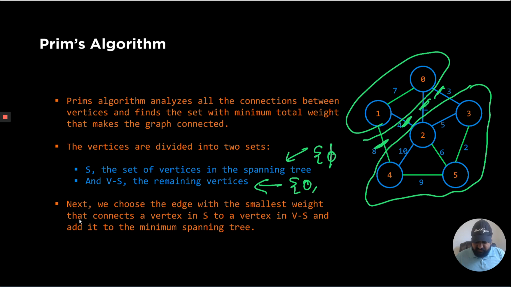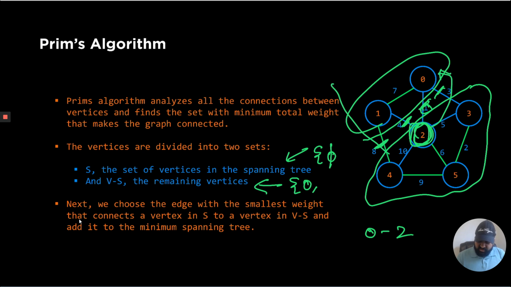Now, out of all these four, the edge with weight 1, which is 0, 2, has the least cost. So we are going to add this edge 0, 2 to our minimum spanning tree. That edge will surely be in the minimum spanning tree. And we are going to mark vertex 2, which we have chosen from V minus S, and bring it into the new set.